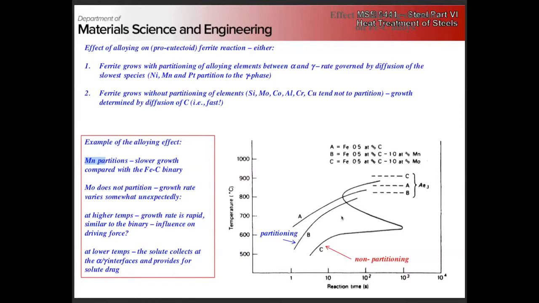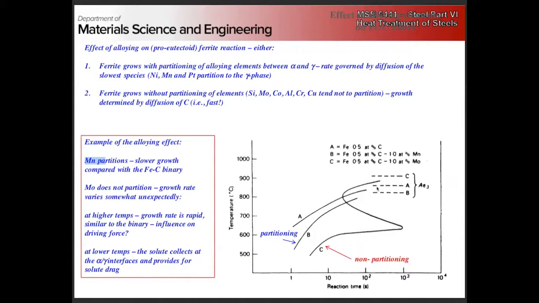We have manganese, we've got partitioning, it slows it down. And then with molybdenum, we expose the other region of our TTT curve. This is like the bainitic bay. This is the reconstructive region.